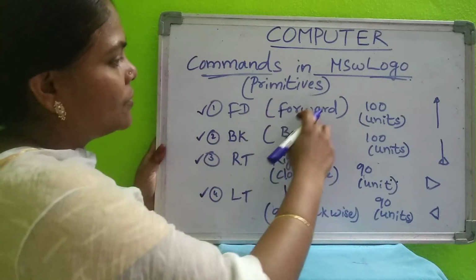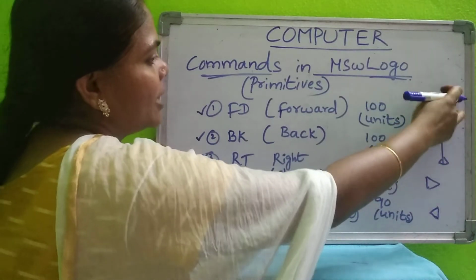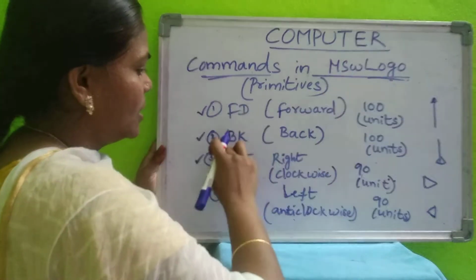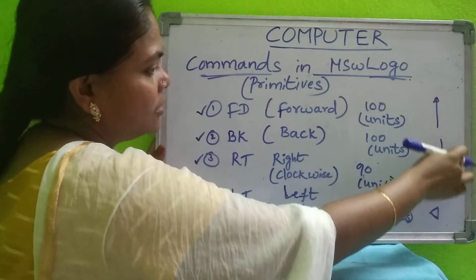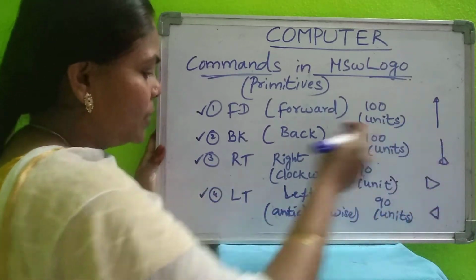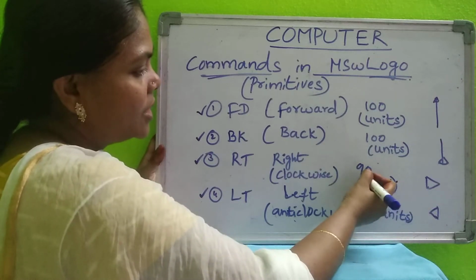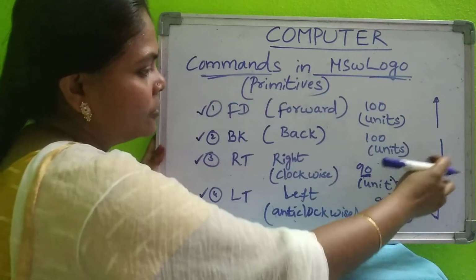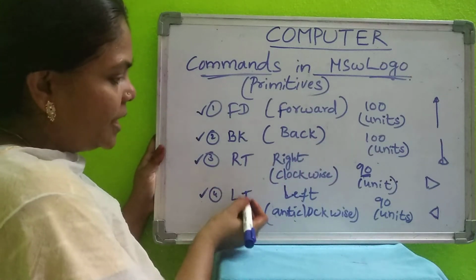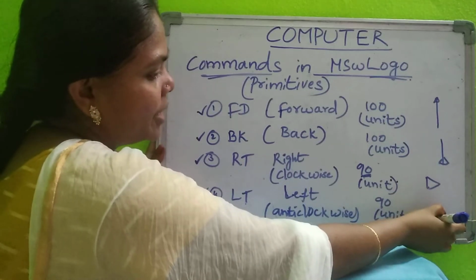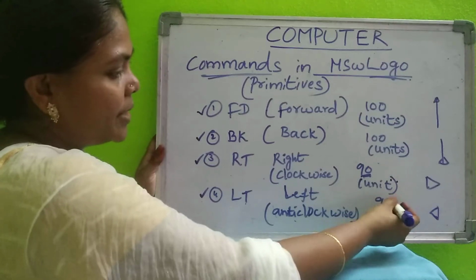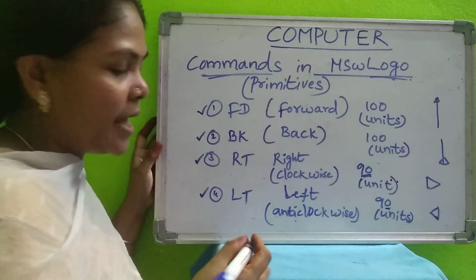Forward, in the forward direction your line will be drawn with the mentioned units. Backward means backward, the line will be drawn with the mentioned units. RT, the turtle will be rotated to the right side by the mentioned degrees of angle. LT, the turtle will be rotated to the left side by the given degrees of angle.